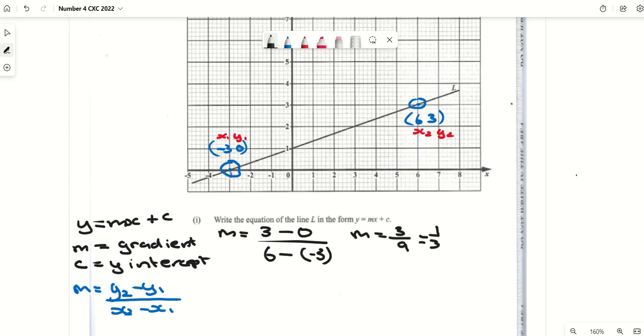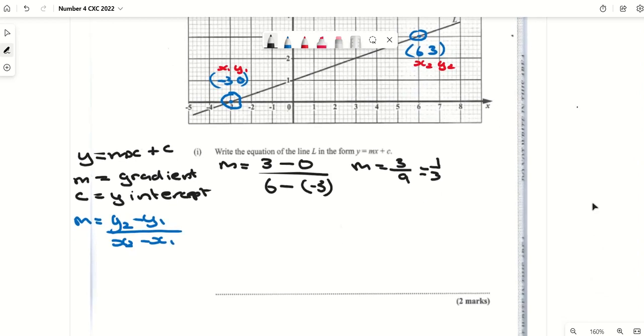Now, we can find c in two ways. I'll just do the one way first, or if space permits, I'll do the two ways so you guys can see. The first way is where you choose a point, any point.